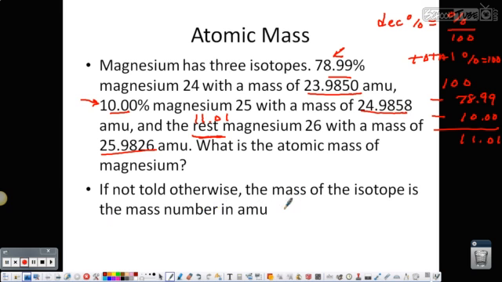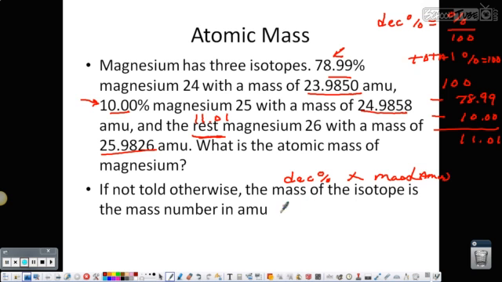I'm going to do it here where I've got a little more room. Decimal percent times the mass in AMUs. Now if I write AMU up here, I don't have to write it all the way down.